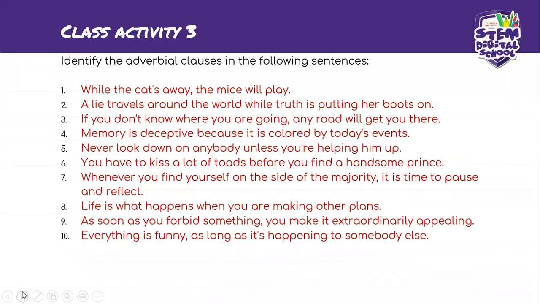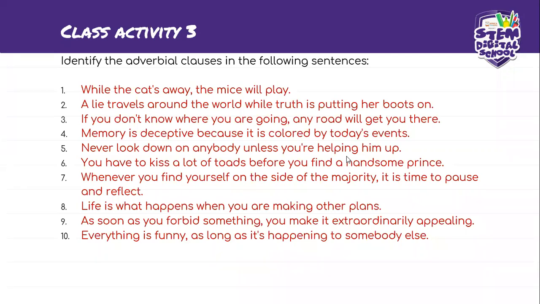Okay, the last class activity for our lesson. In this one, you identify the adverbial clauses. So the first one: while the cat's away, the mice will play. What is the adverbial clause there?